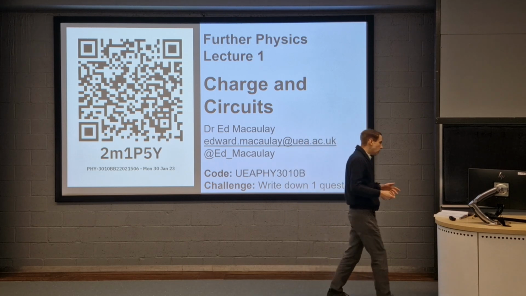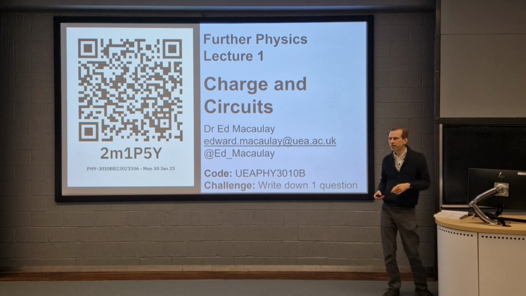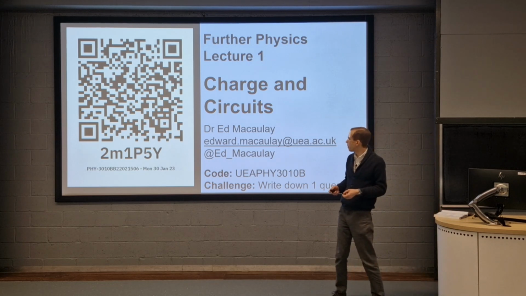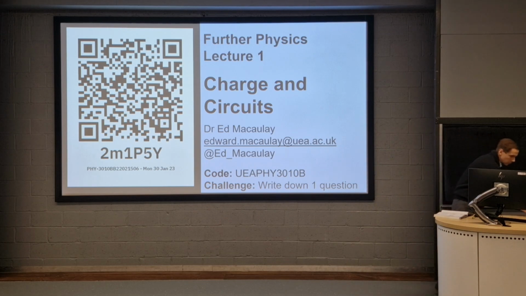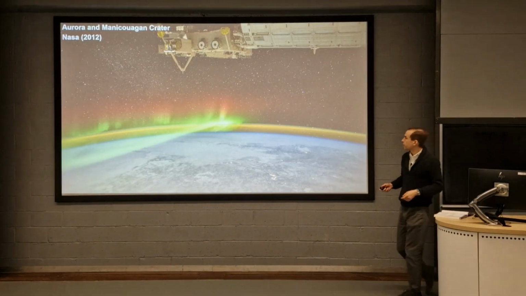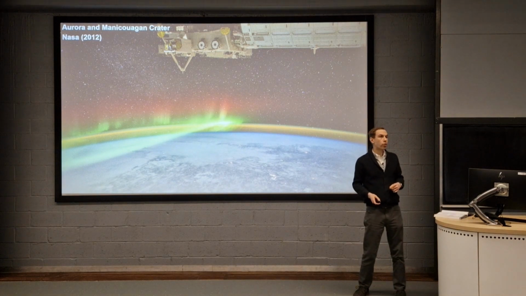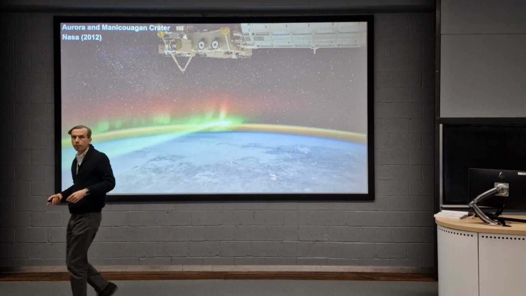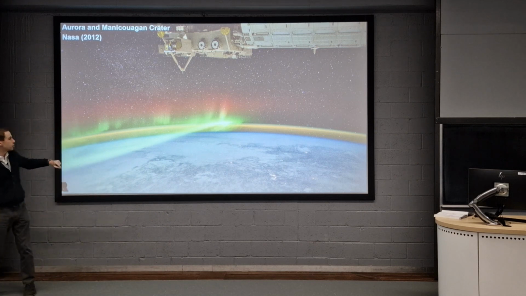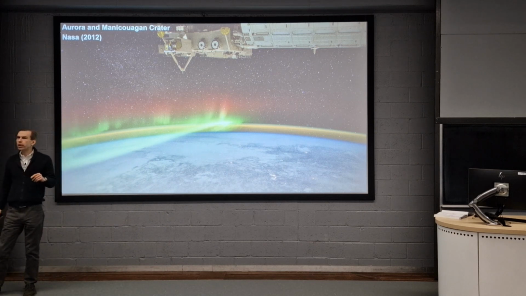Okay. Now, I like to start with a picture with some kind of connection to what we're going to be thinking about. So today, the picture that I got over here is of the Aurora Borealis, this really beautiful picture taken from the International Space Station. Here you can see all these really beautiful colors. Has anybody seen the Aurora Borealis before?